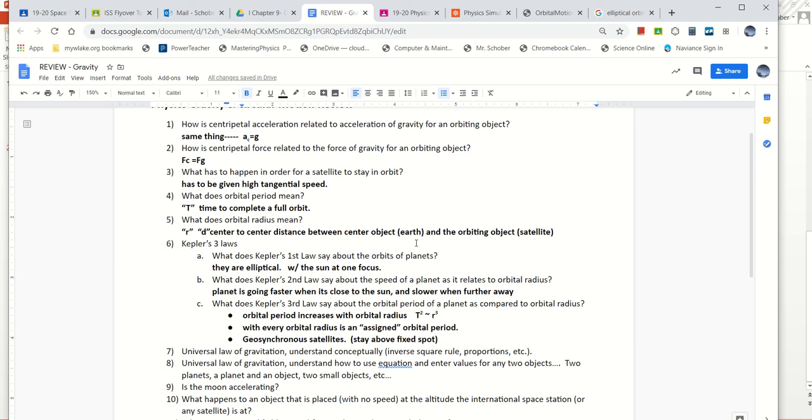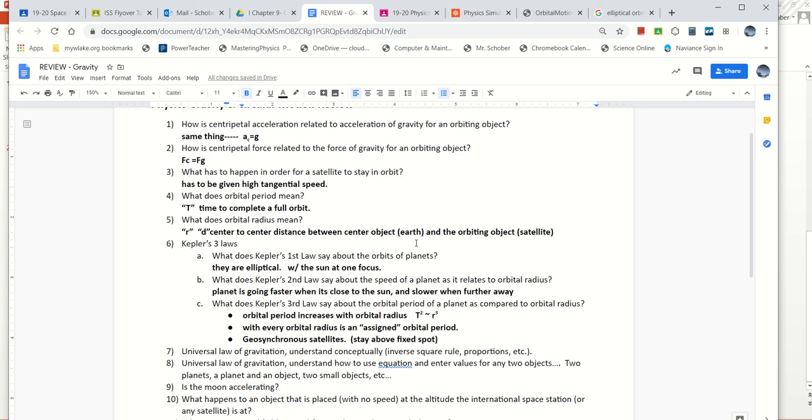So they orbit at the exact same rate that Earth rotates. So in effect, they wind up staying at the exact same location above Earth at all times. But you can only have satellites like this at one specific altitude, because it has to have one specific orbital period, and that orbital period is 24 hours, the rotational period of the Earth. So that's how you create things like geosynchronous satellites.